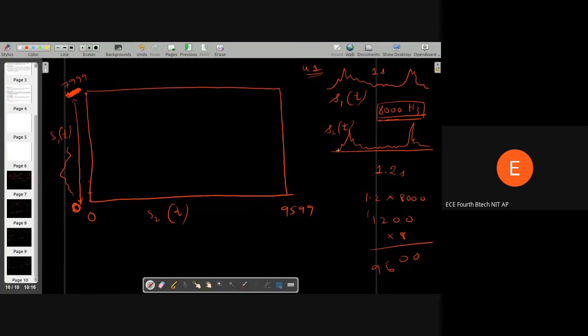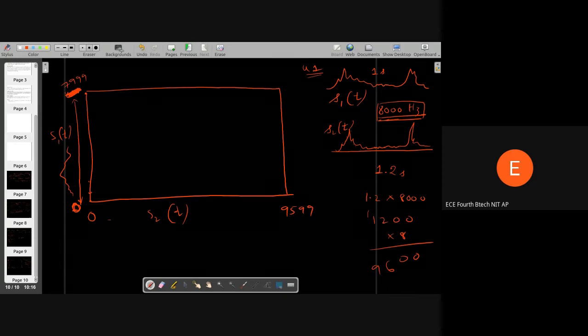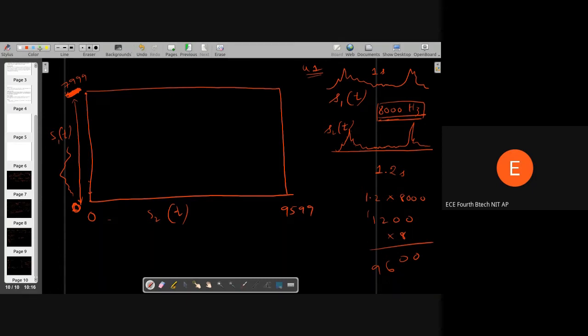Each of them has some values. These are all values, all numbers. Let's use another color: 0, 0.5, 1, something.